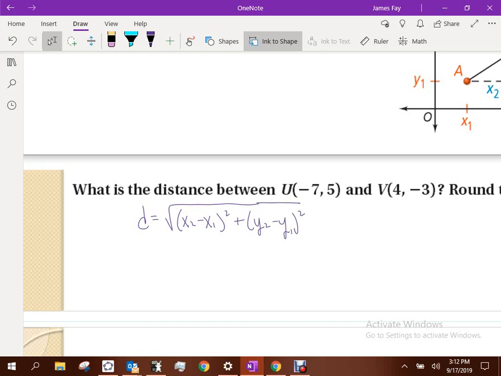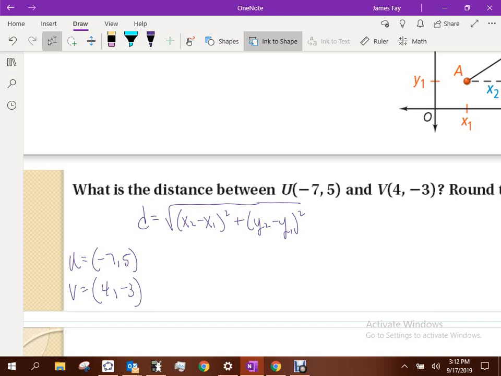But if I've got u to be -7, 5, and I've got v to be 4, -3, I always stack my ordered pairs when I'm going to use the distance, or if I'm going to use the slope, or any other formula, like maybe even the midpoint.